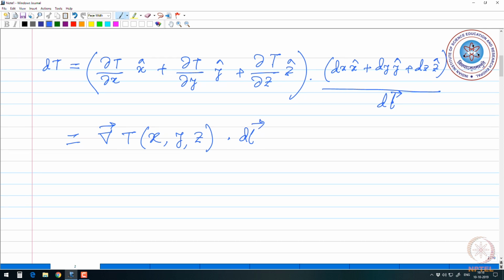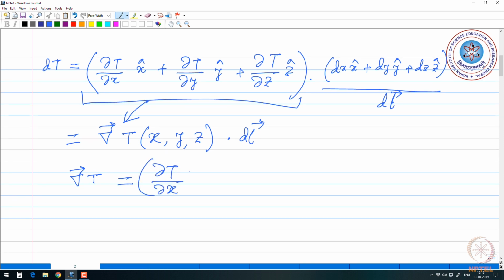Now this gradient of t is nothing but this quantity here. So we define the gradient of t, written as nabla followed by t, as del t del x x cap plus del t del y y cap plus del t del z z cap.